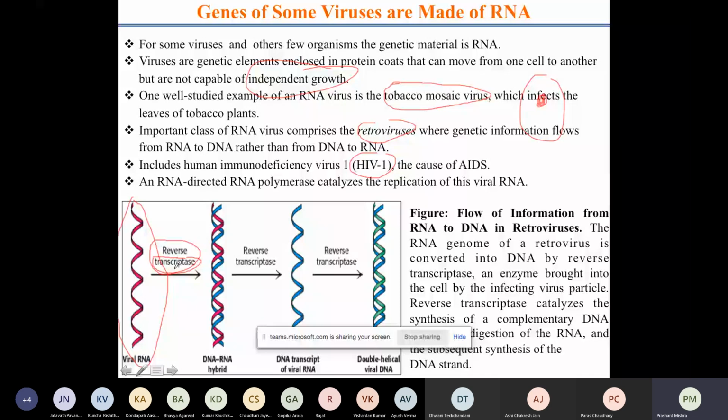Then it will synthesize another strand of DNA, and that's the way you get double helical viral DNA. Then they will duplicate, form another strand of DNA, and then they will do all the function.